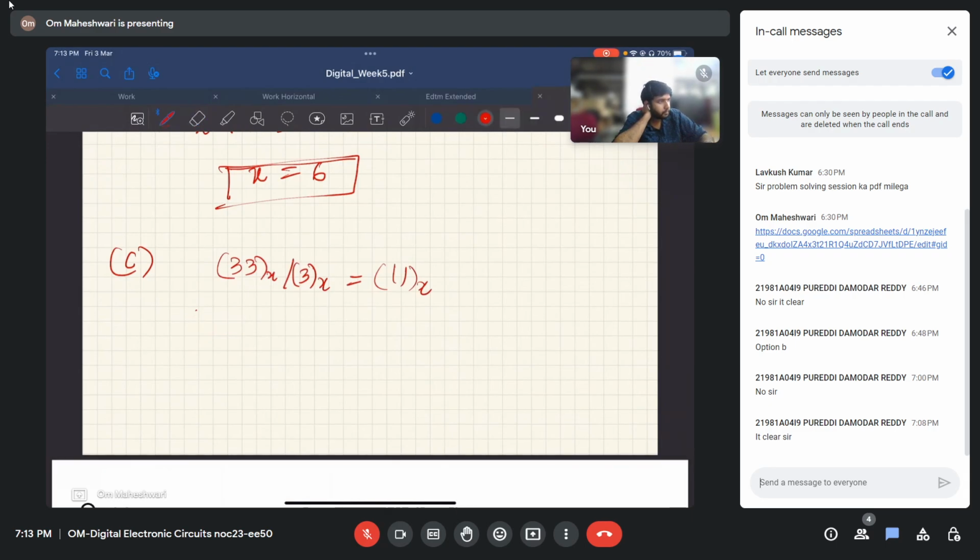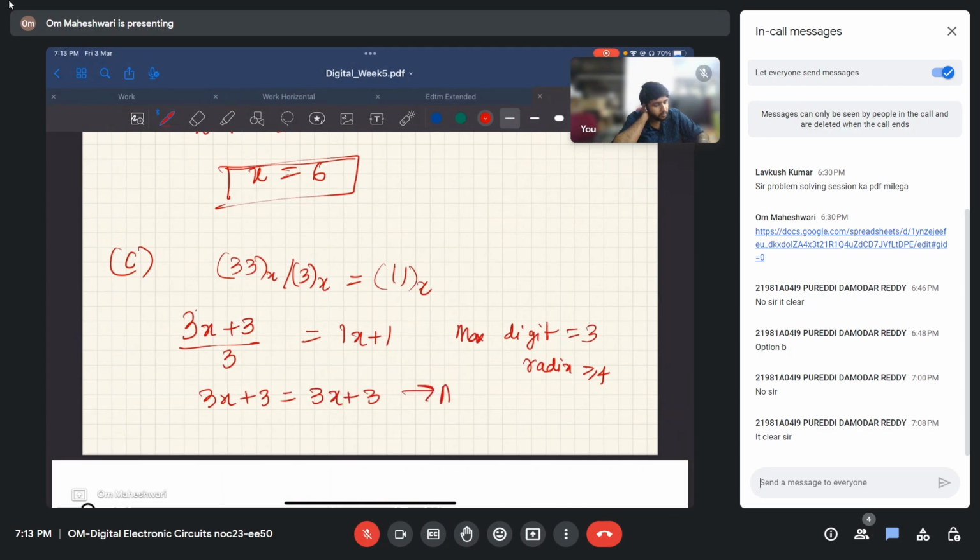The max digit equals 3, so the radix must be greater than or equal to 4. And if we expand it, we get 3x plus 3 divided by 3 equals 1x plus 1. That means 3x plus 3 equals 3x plus 3, which is always true. That means our answer is radix greater than or equal to 4.